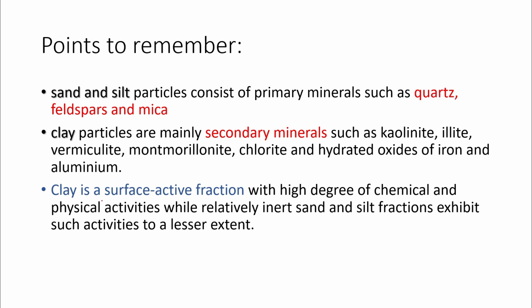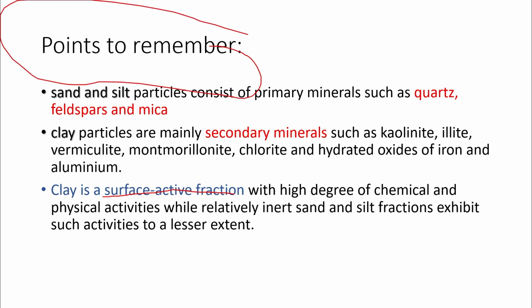That means it is a chemically active fraction of the soil with a high degree of chemical and physical activities, while the relatively inert sand and silt fractions exhibit such activities to a lesser extent. These points I have taken from a soil science treatise. You don't need to read them, just remember these points.